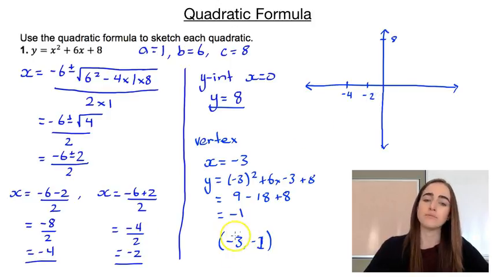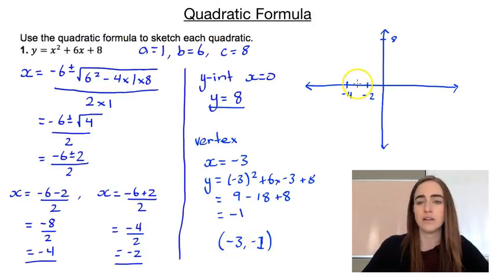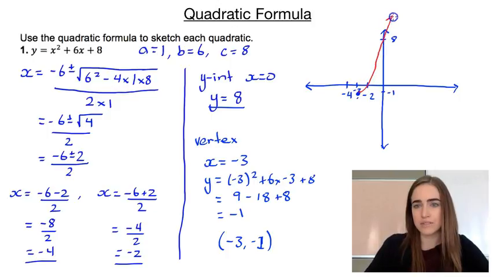And we've got a vertex of -3, -1, which is about here. So drawing that in, it's going to come up here and pass through that intercept and up this way as well.